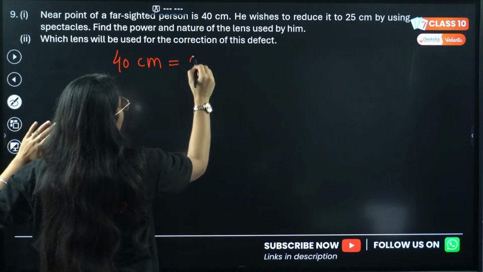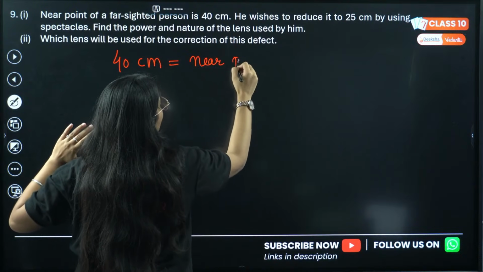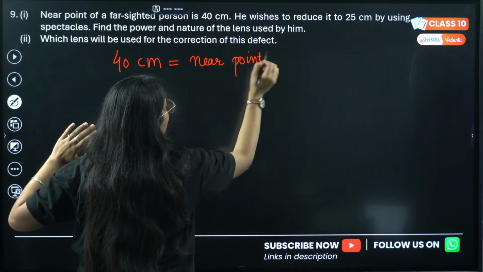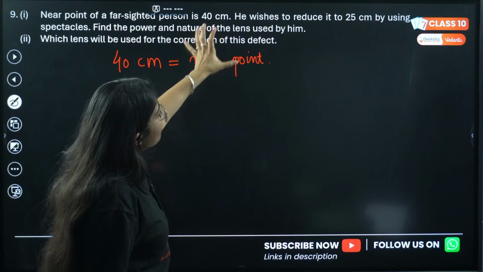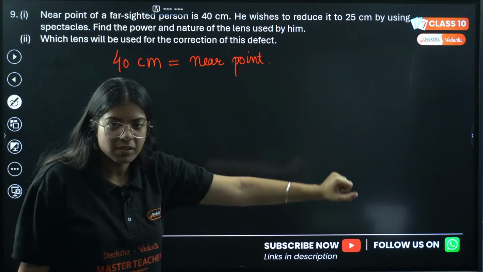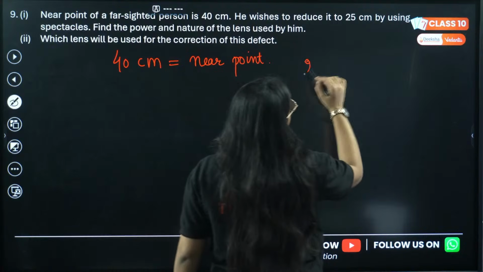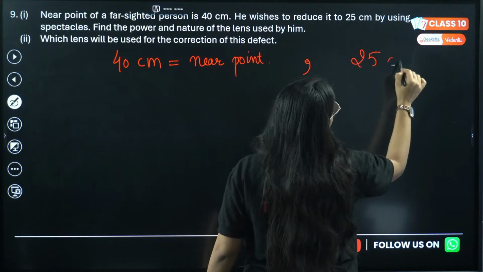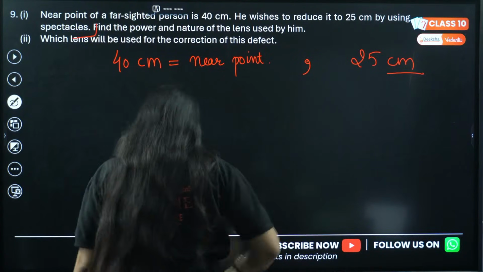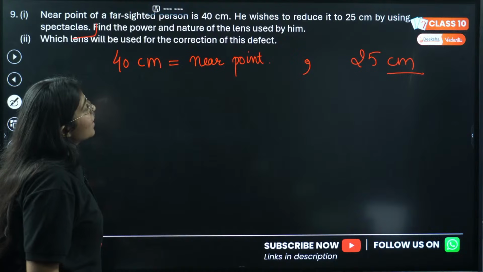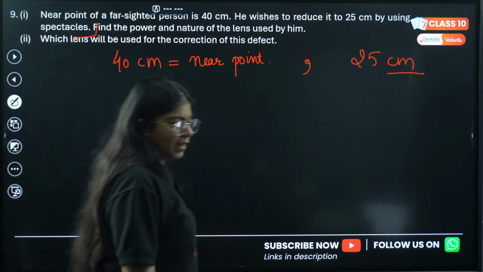Again, a really good question. These are the questions you mostly get confused in. Near point is 40 centimeter. He wishes to reduce it to 25 centimeter. So he wants his near point to become 25 centimeter again by using spectacles, obviously. Find the power and nature of the lens used by him.